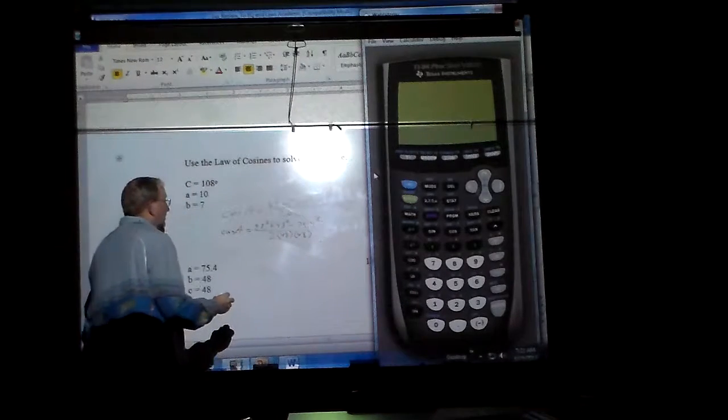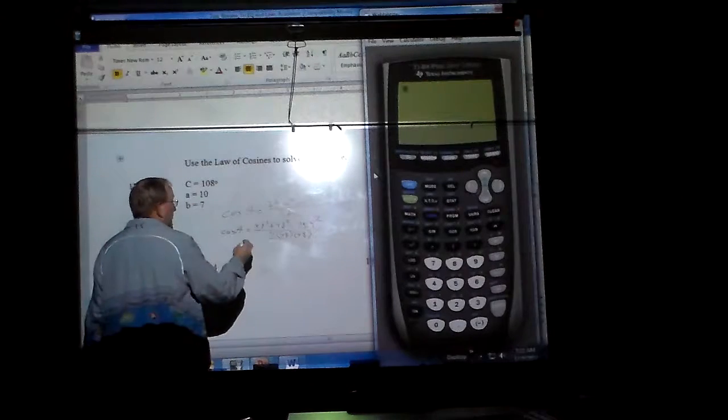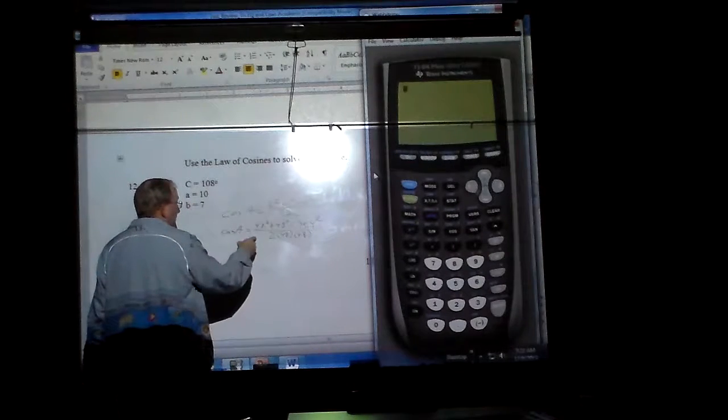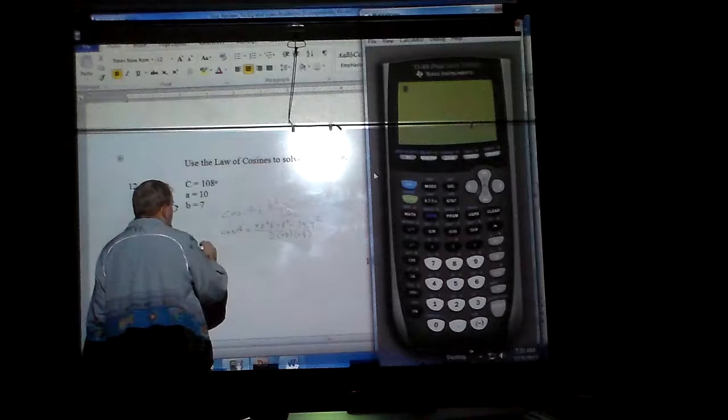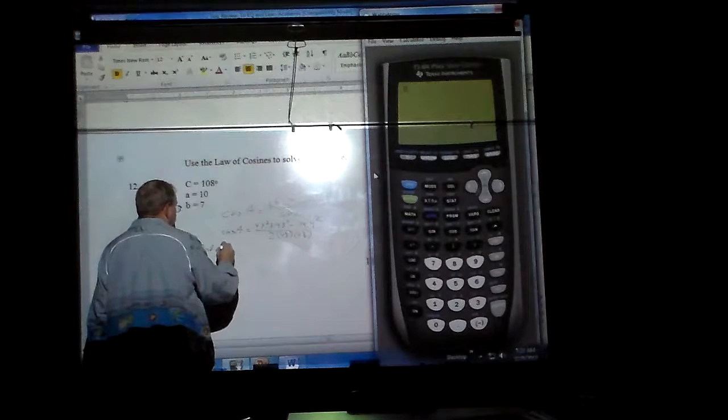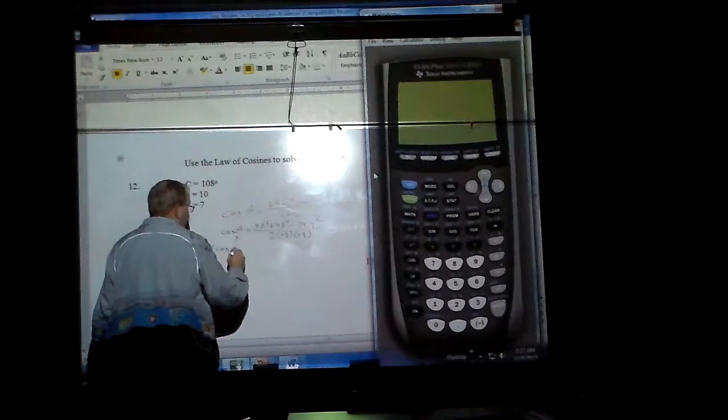I have to plug that into the calculator, and then don't forget, my answer will not be this. It will actually be the second cosine of what all that turns out to be.